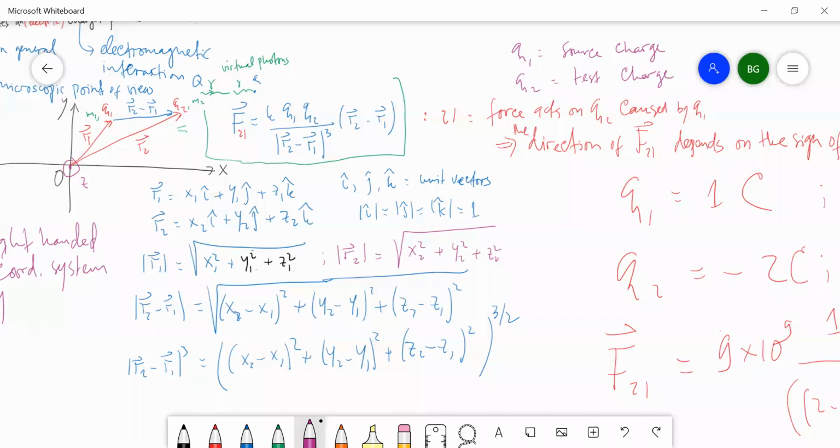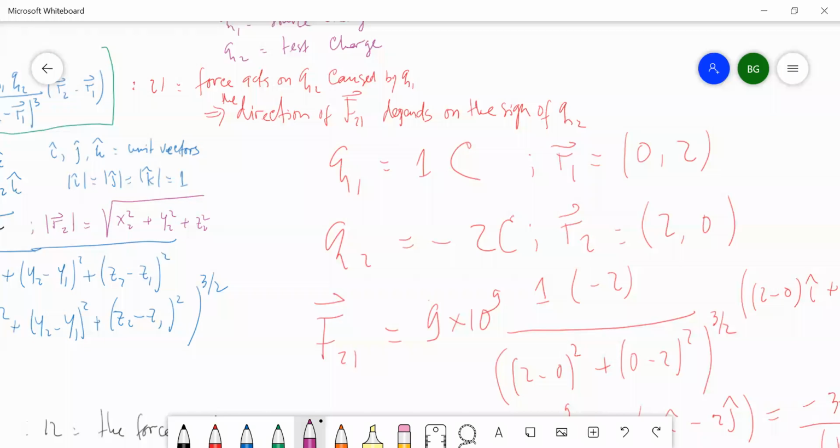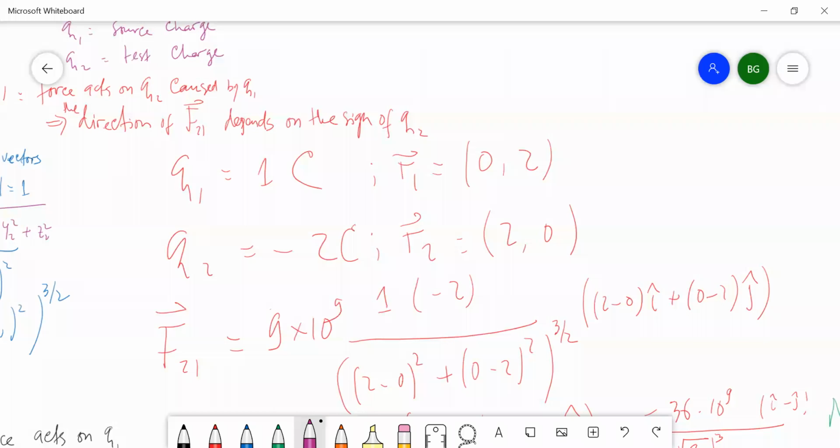Okay, let us proceed to the example. Basically this example is two-dimensional, which means z equals 0, also in this case.